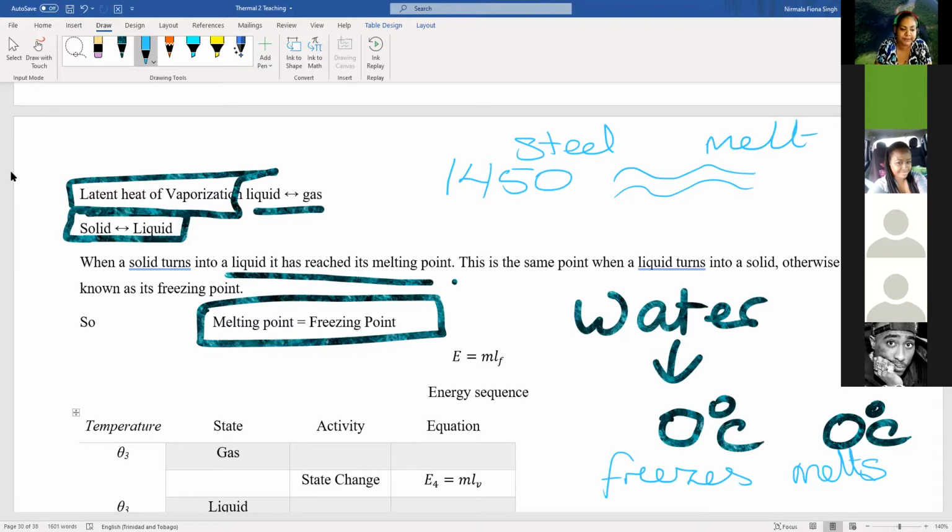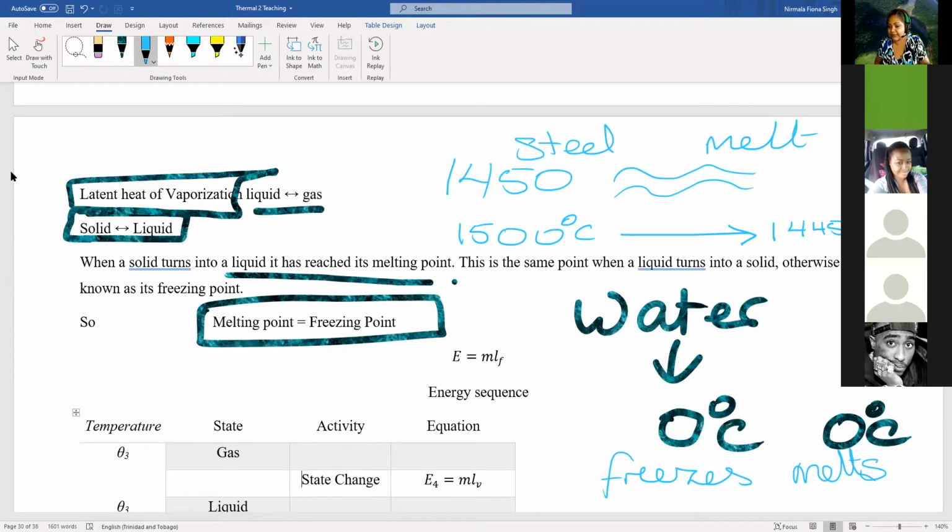But guess what's going to happen? Suppose I have steel and I've heated it further to 1500 degrees Celsius, and now I let it cool down and say it's now 1445 degrees Celsius, just under. What's going to happen to my steel when it moves from 1500 degrees Celsius to 1445?